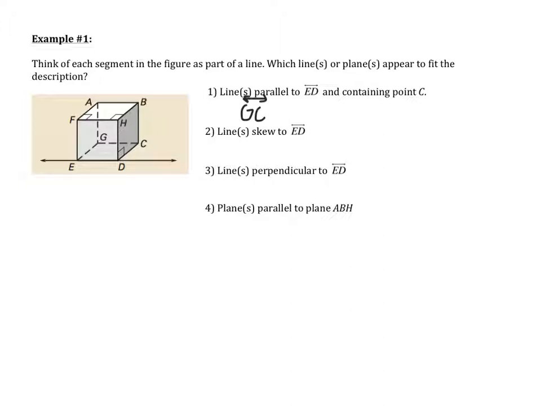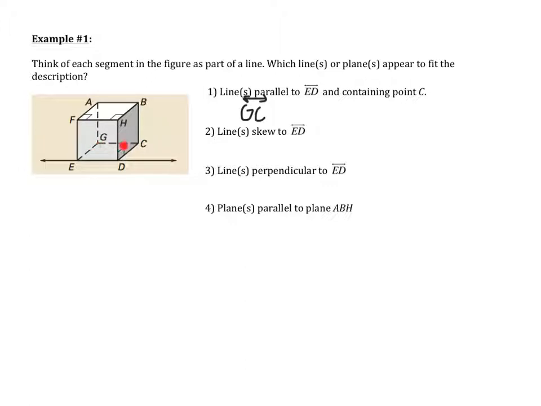Number 2, line or lines skew to line ED. So remember, skew lines are non-coplanar with line ED. So if this is line ED, I want any line that is skew to it, so therefore it's not intersecting it and it's not in the same plane. So line FH would be in the same plane. It doesn't intersect ED, but it's in the same plane.